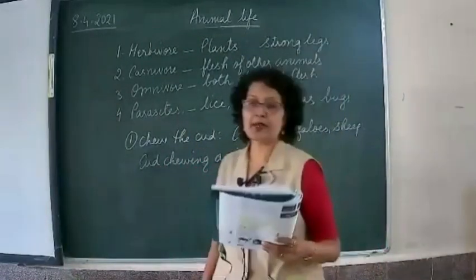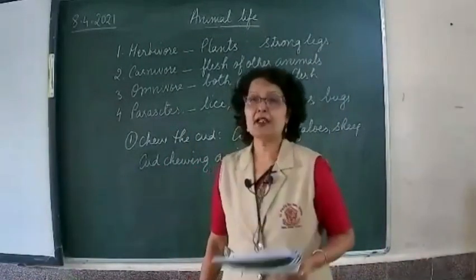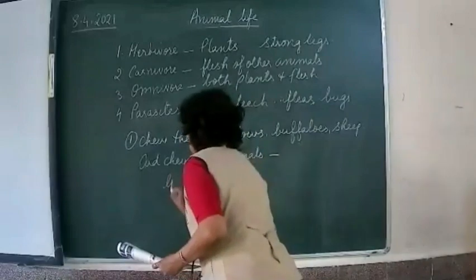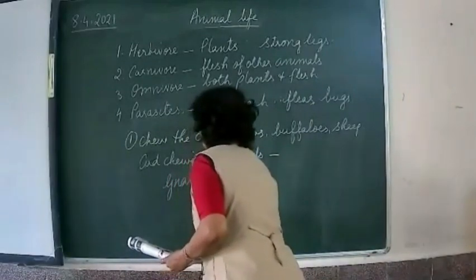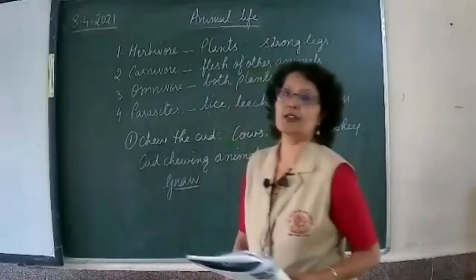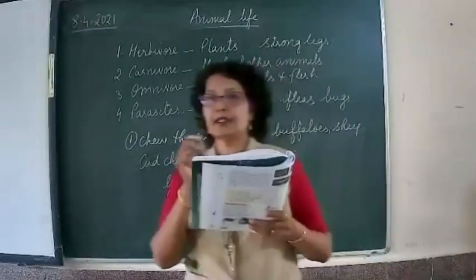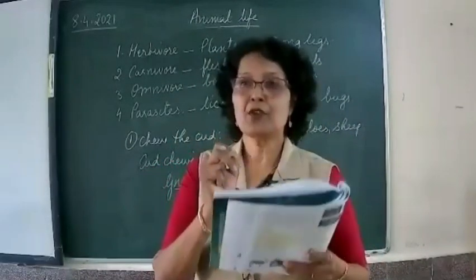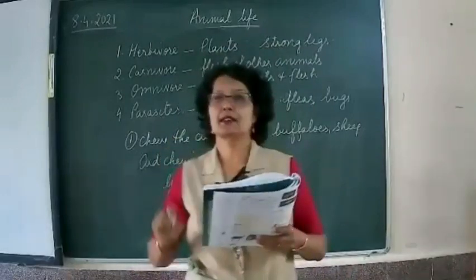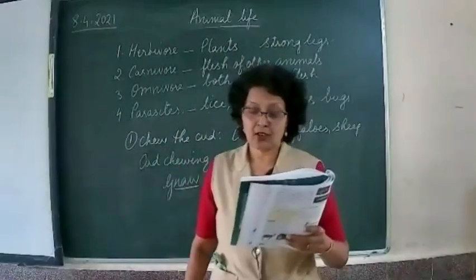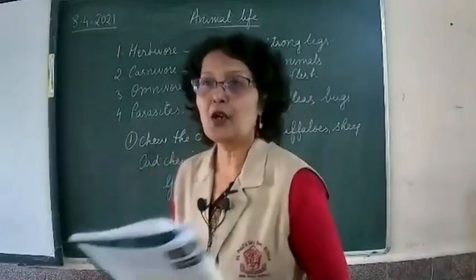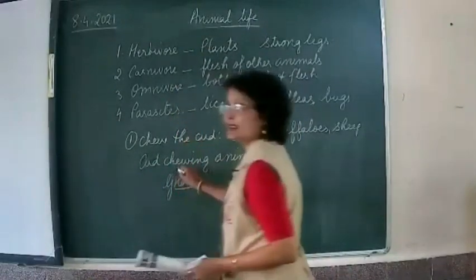Next is squirrels, rats and rabbits. They gnaw their food. G-N-A-W, pronounced as gnaw. They take their food in their forelegs and they nibble it. They are called gnawing animals. G is silent in this.